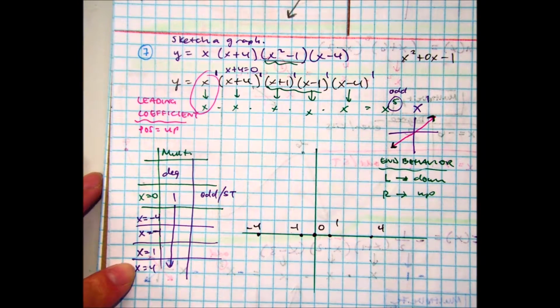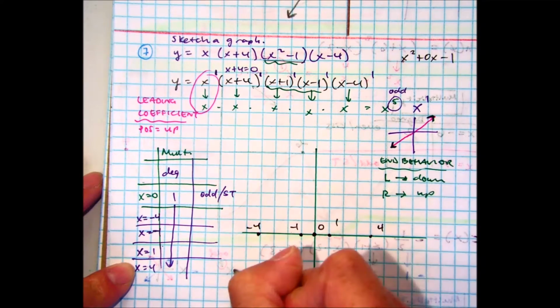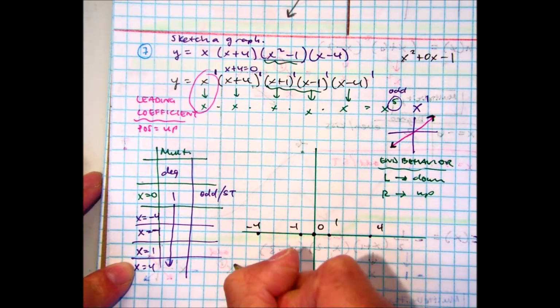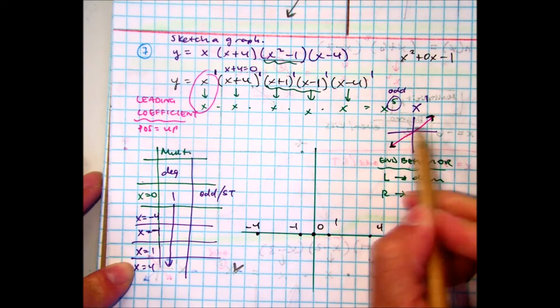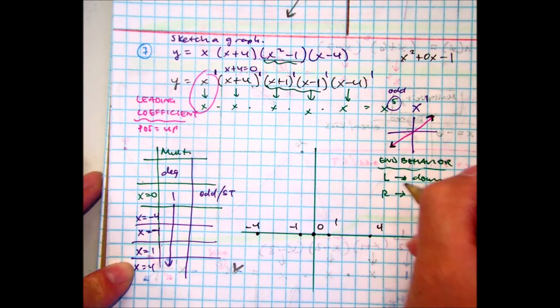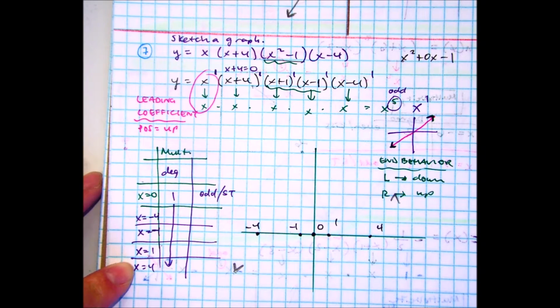I'm going to use a pencil in this case, just in case I make a mistake. I'm going to start down, so I need to put that on the furthest left of my points. And then here we're going to finish up.